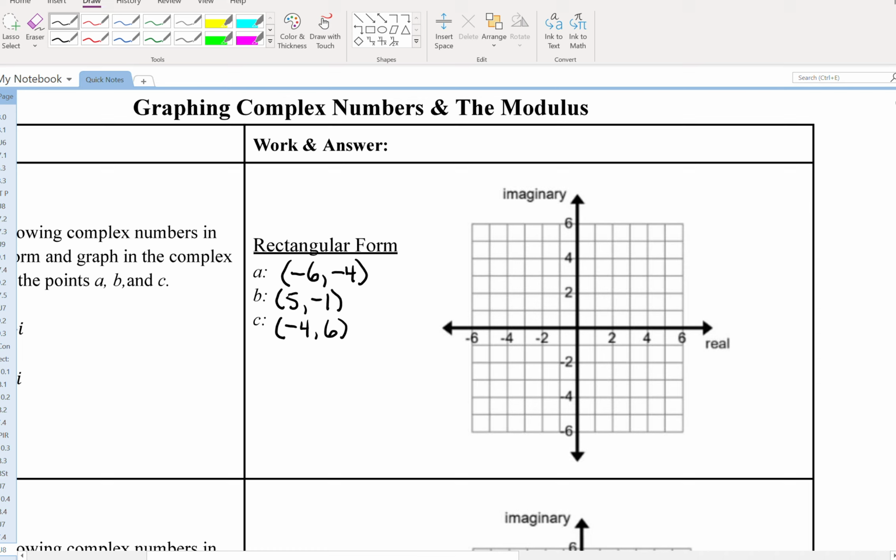And so -6, comma -4, you go over here to -6, and you go down here to -4, and that point right there would be the point A. B, 5, -1, so over here to 5, go down -1, that would be the point B. That's the complex number B, which is 5 minus i. And then -4, 6, that'd be -4 up 6. So this point right here is C, and that's what this looks like.